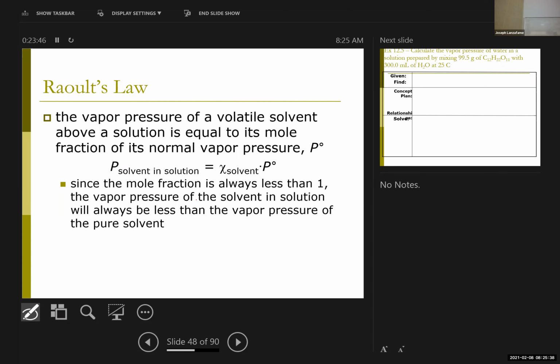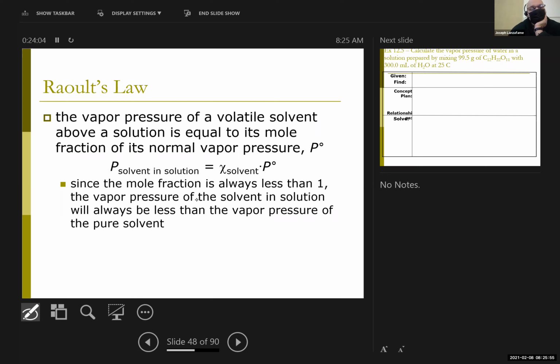It depends on a unit of concentration that we really don't use for, I think, anything else all year, except for this, which is the mole fraction of the solvent. Chi is a Greek letter.